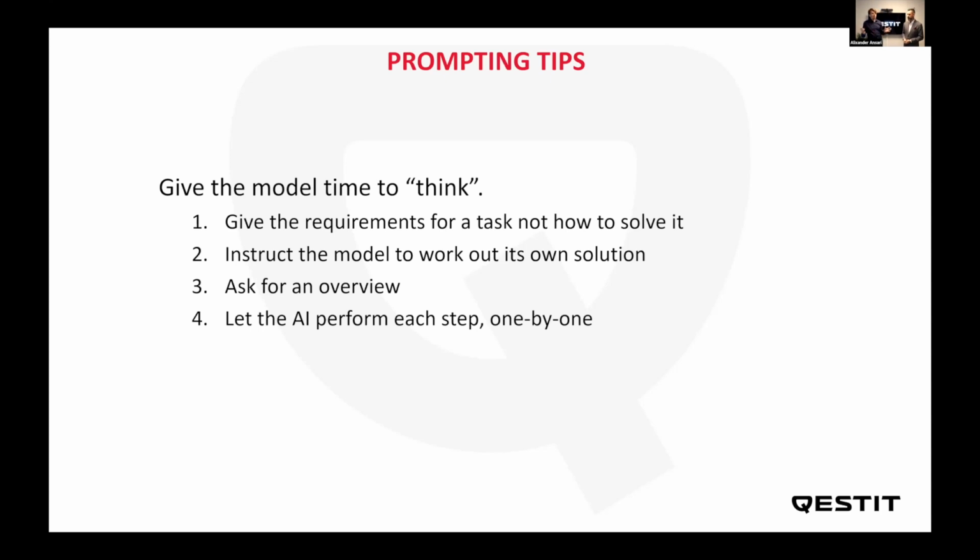Then we can ask for an overview, and from that overview go step by step to let it do more details of the problem that we have asked for. So we don't ask for a silver bullet solution from the start. We do it as we would with other humans. We break it down into smaller tasks, and then we solve each task.